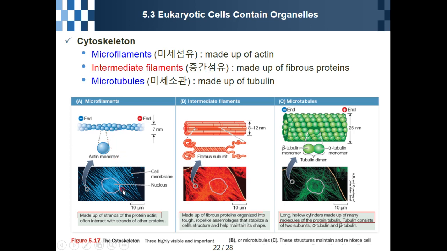So this is the nucleus around here, and the cell membrane is around here. You can see lots of microfilaments, especially made of actin. Also, in the cell, we have lots of intermediate filaments.